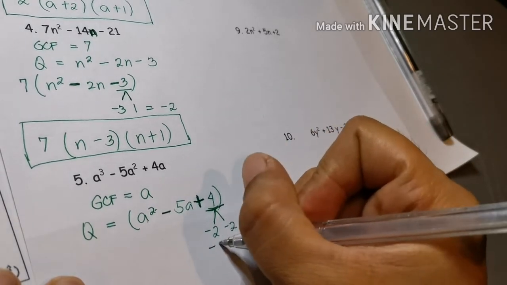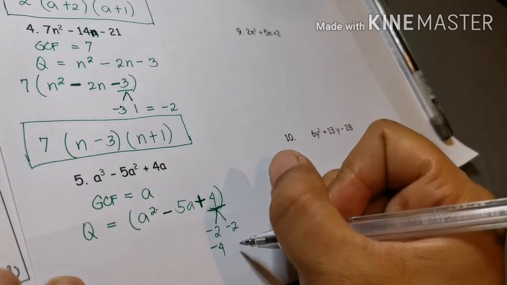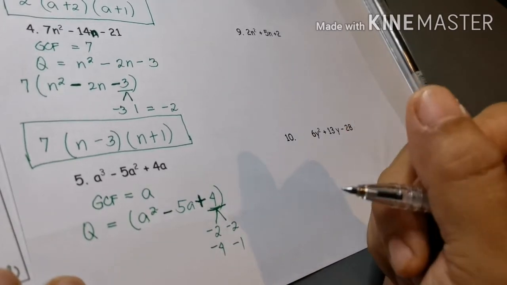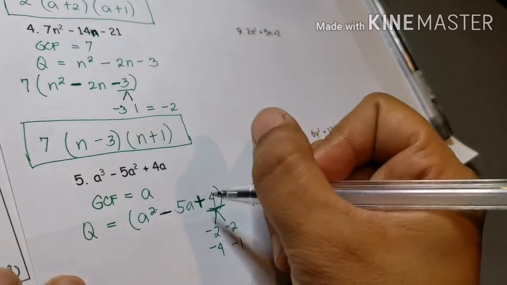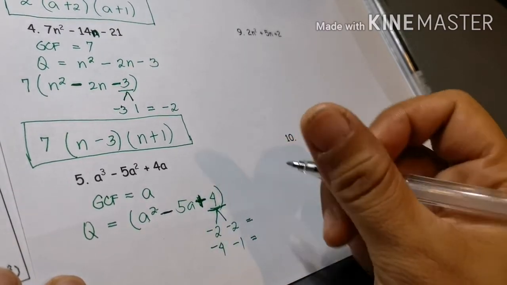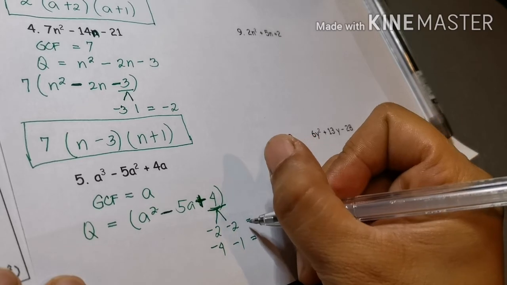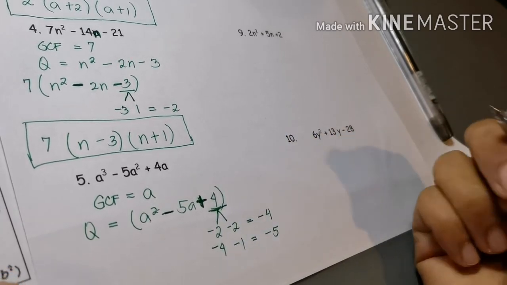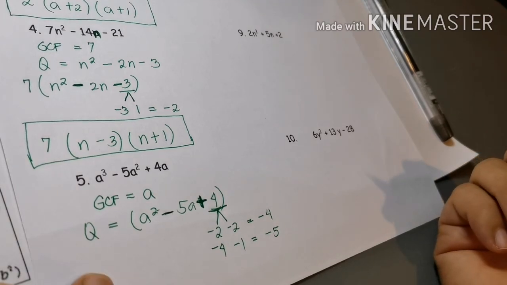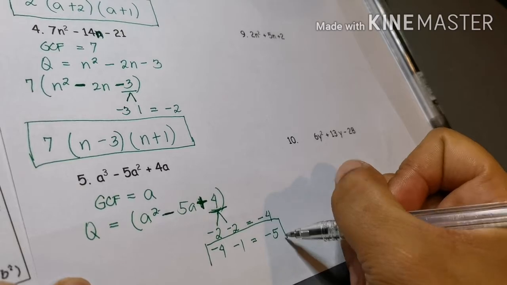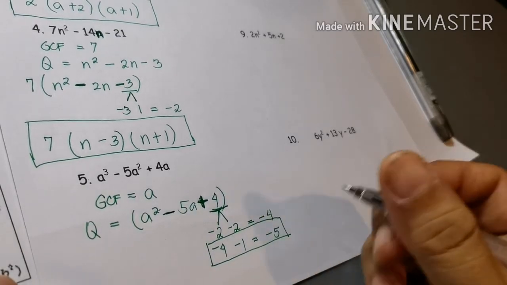We also have negative 4 and negative 1. That is if and only if this is minus and that is plus. If we add these factors, we will get negative 4 and negative 5. So which of these is equal to the coefficient of the middle term? It is negative 4 and negative 1.